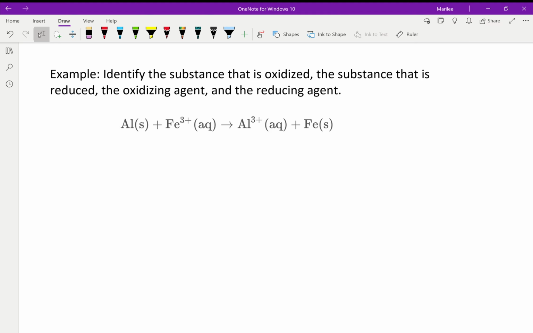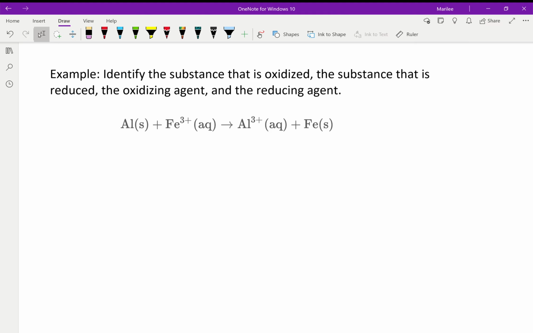So here we have aluminum solid reacting with iron aqueous to form the iron solid. So this is an oxidation-reduction reaction.